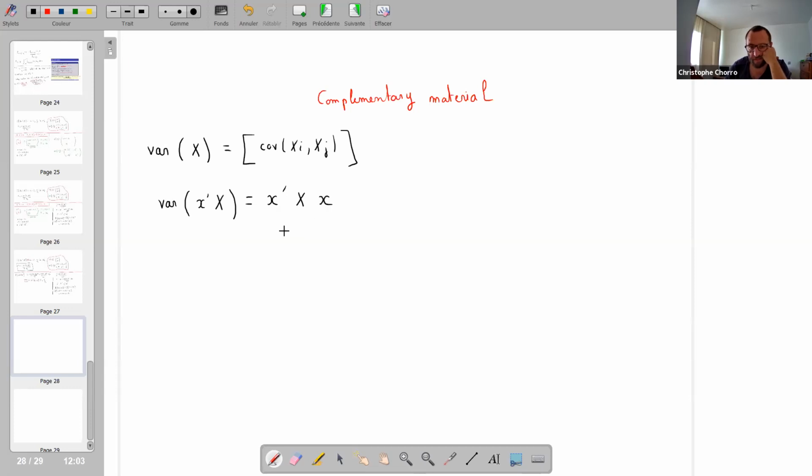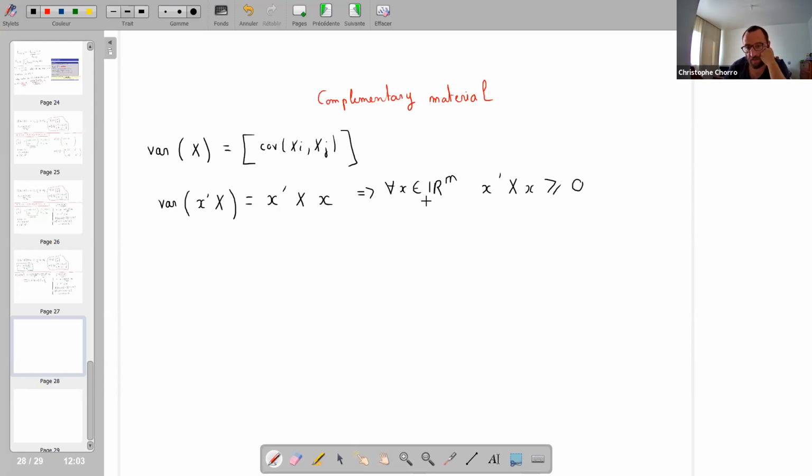So it implies that for all x belonging to R to the power n, x prime Σ x is positive.